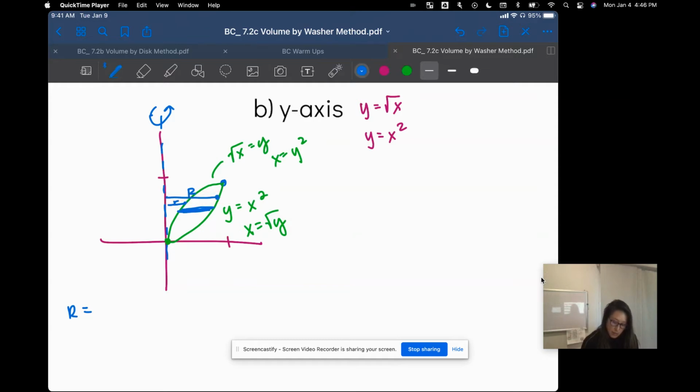So the outer curve would be the square root of y and then minus 0, since you're stopping your length at y is equal to 0, x is equal to 0. Okay, so that simplifies just down to the square root of y. Little r is equal to y squared minus 0.